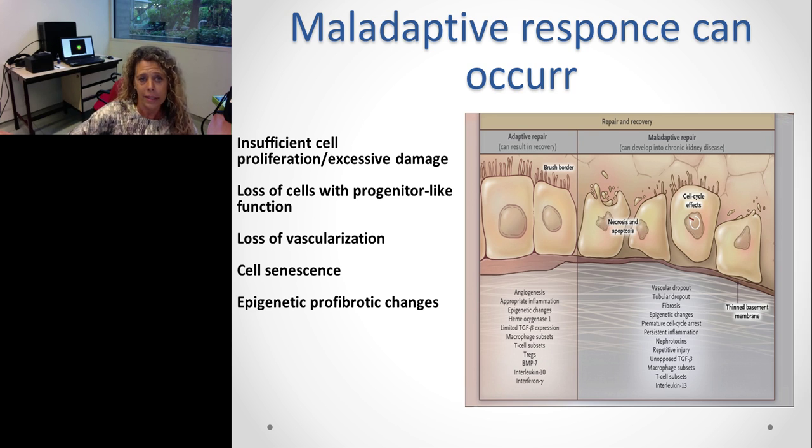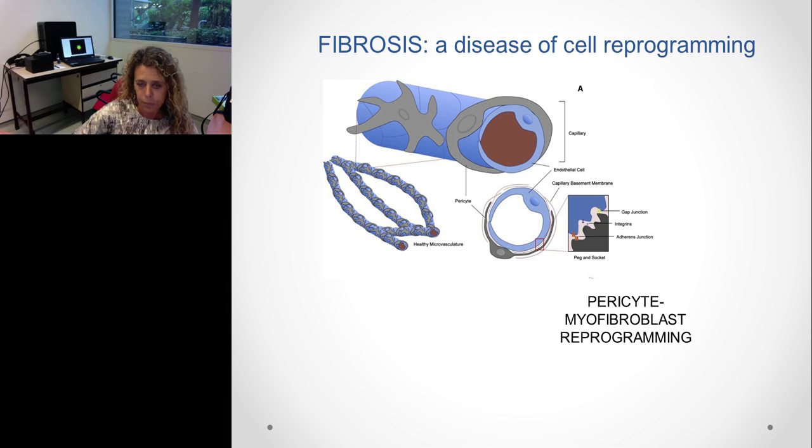So fibrosis is considered a disease of cell reprogramming. That's one example, the pericyte that reprograms into myofibroblasts. So fibrosis is really the example of maladaptive repair, the final ending of the organ function.